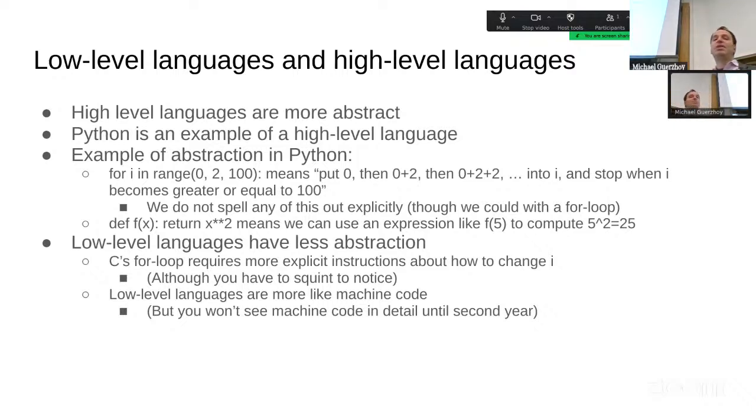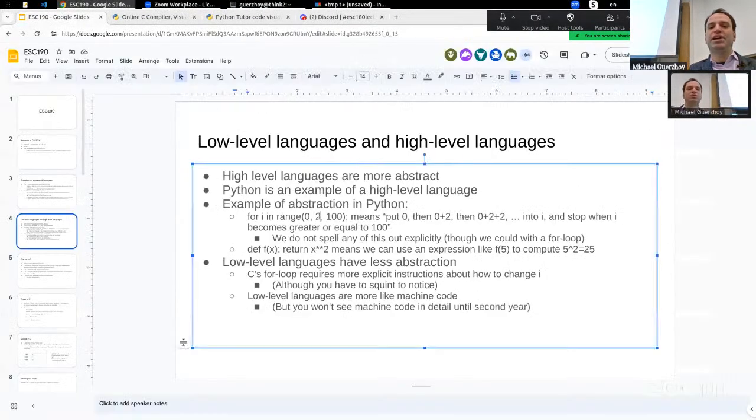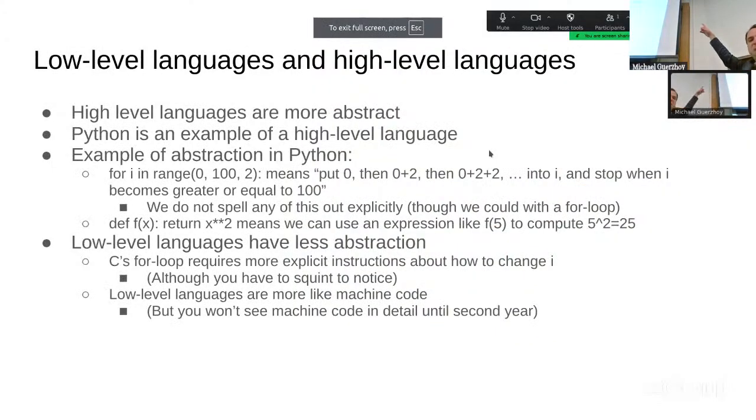What we mean by more abstract is you can say something like for i in range from 0 to 100 in steps of 2, and we hopefully know what it means: make i be 0 and then make i be 2 and so on.